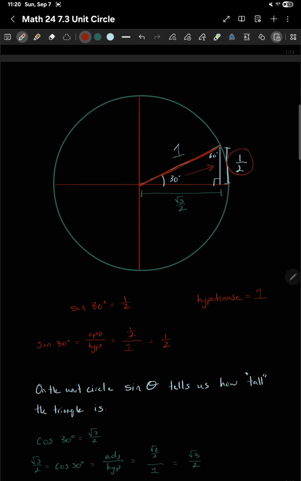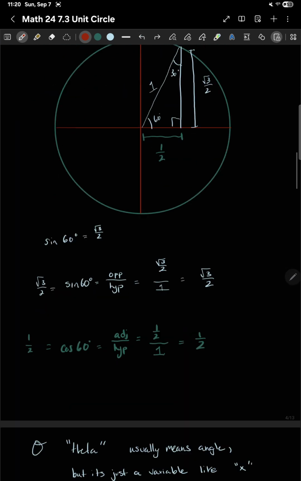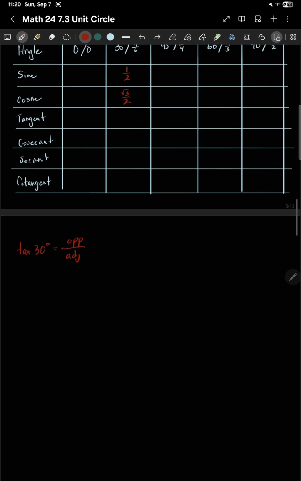Opposite of the 30 degrees, that's going to be 1/2. And our adjacent side, the side that's next to, but that isn't the hypotenuse, is square root of 3 over 2. So for tangent of 30 degrees, we're going to have our opposite side being 1/2, and our adjacent side being square root of 3 over 2.